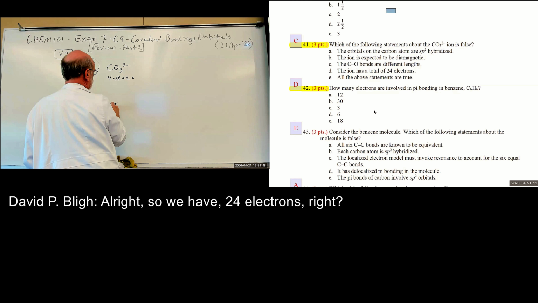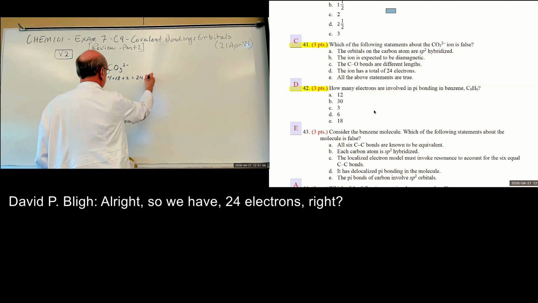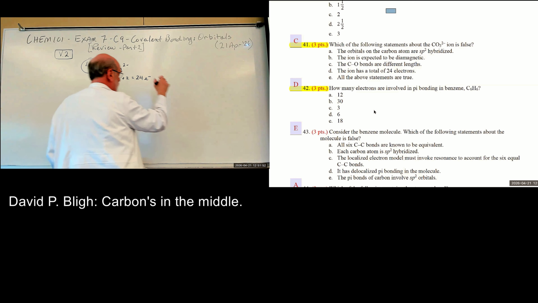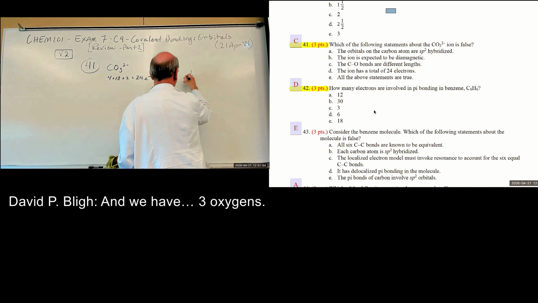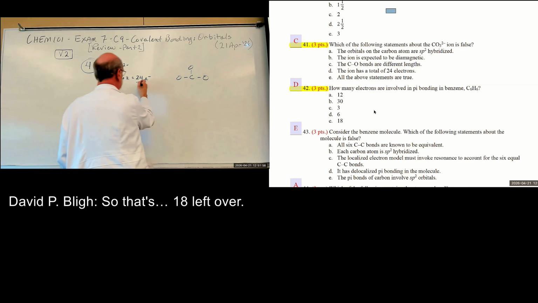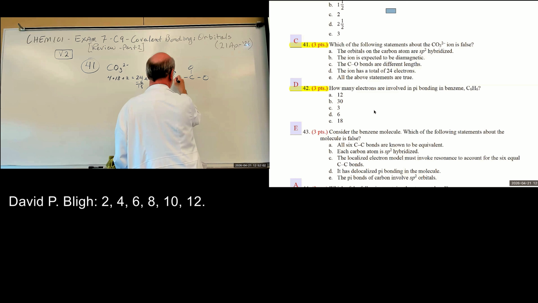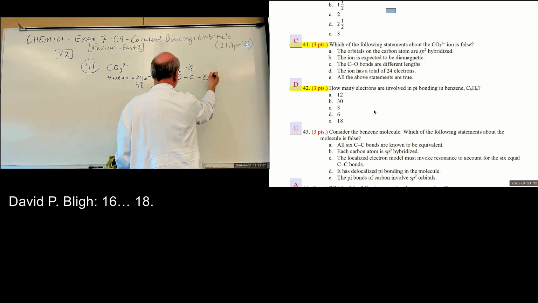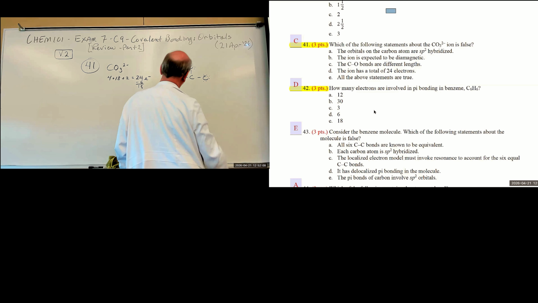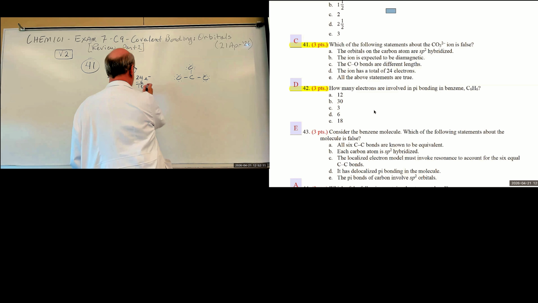All right, so we have 24 electrons, right? Carbon's in the middle, and we have 3 oxygens. So that's 18 left over. 2, 4, 6, 8, 10, 12, 16, 18. There we go. Used them all up.